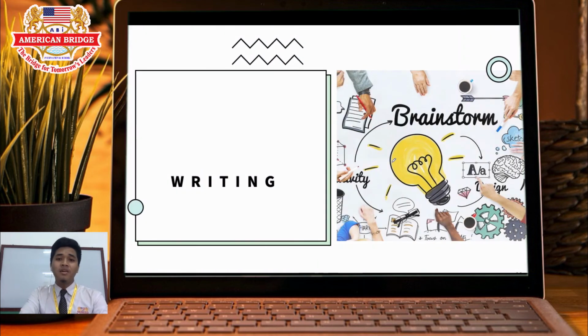Okay, in the writing part, which is the last part of your test, you will see, I remember, 3 different topics, and in each topic, you need to write around 150 to 200 words only. It's quite a short writing exercise. But to do this exercise, it is important for you to do the brainstorm.